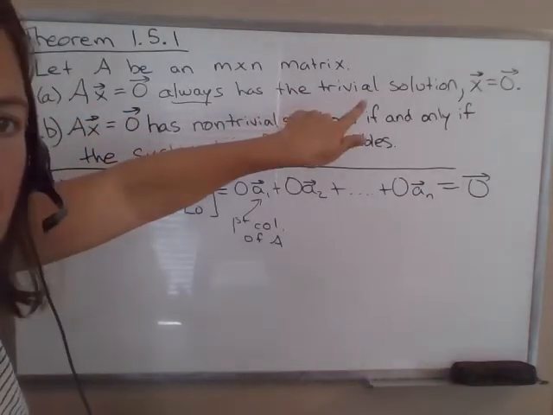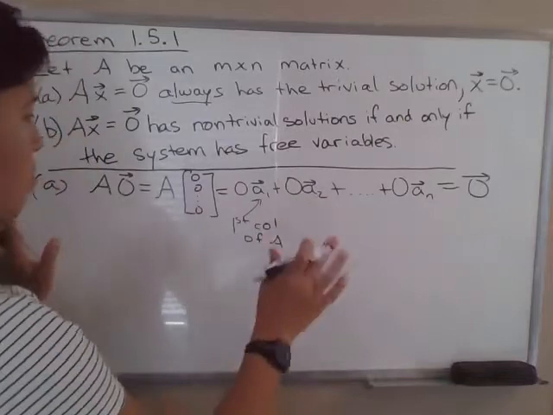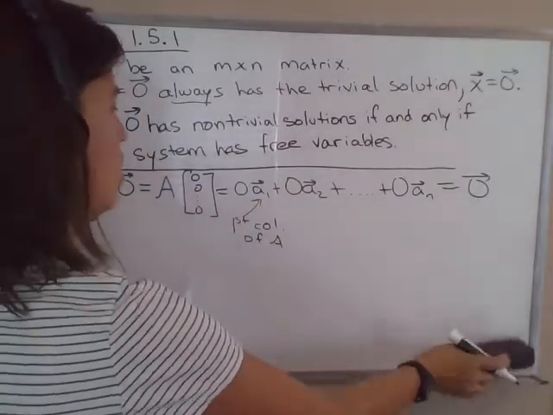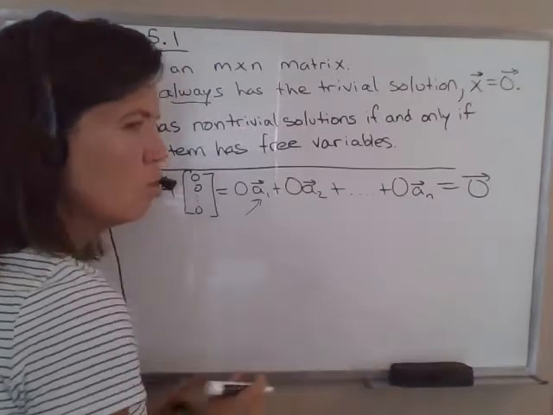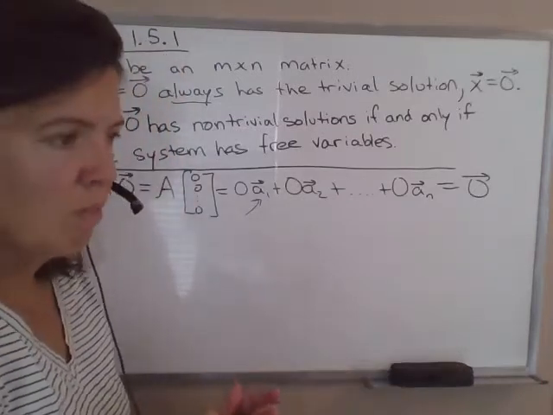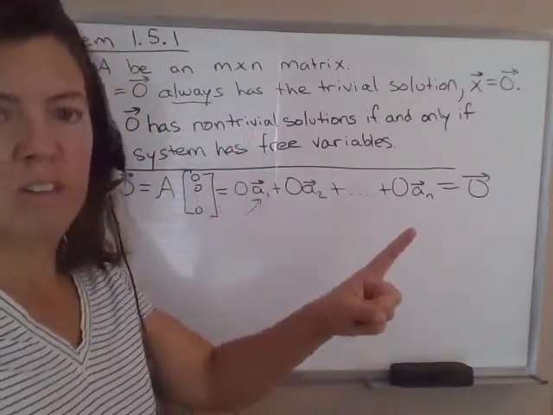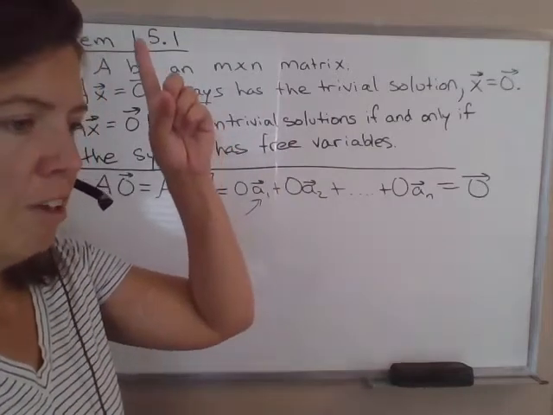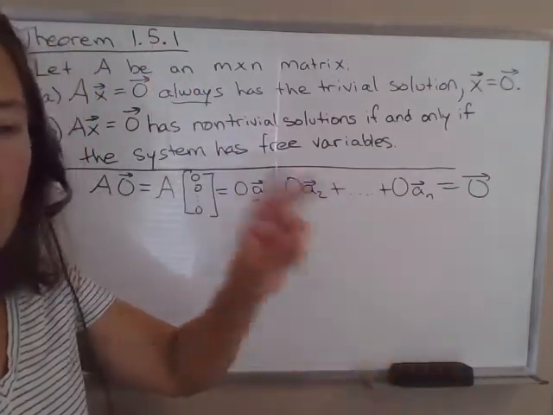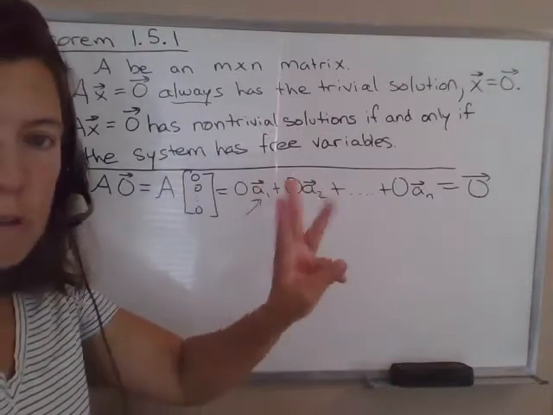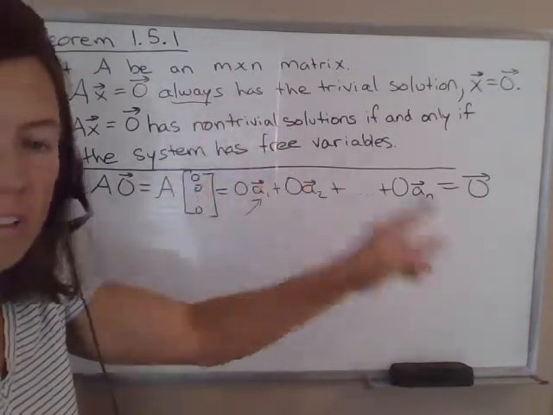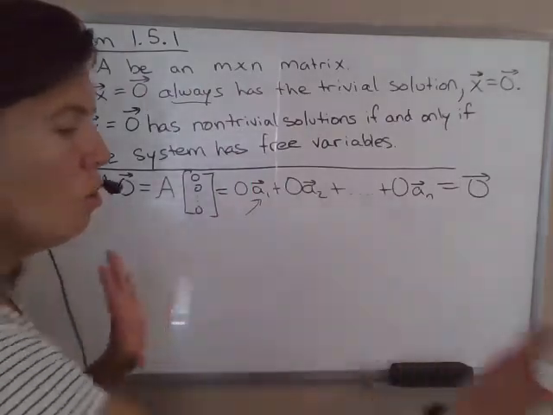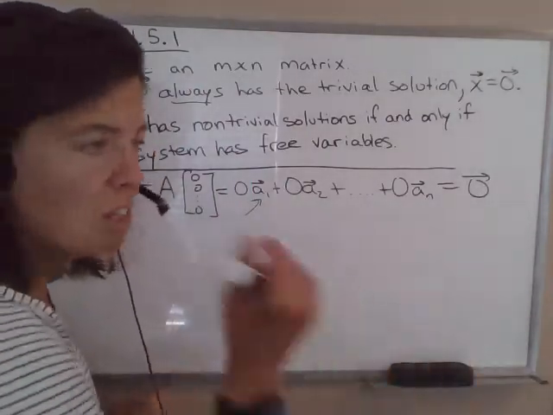Now remember, getting into part B here, we said that for a system of linear equations, there's three ways that it can play out. It can have a single solution, it can have no solution, or it can have infinitely many. There's three possibilities. So it's either one solution, 0 solutions, or infinitely many. You don't get a system with two solutions. That doesn't happen.